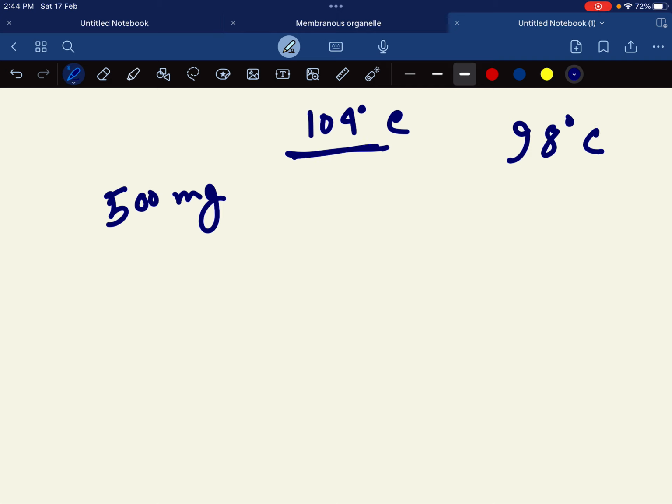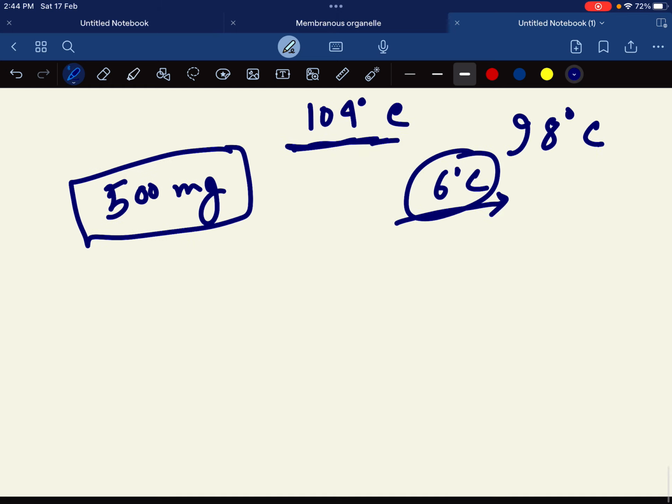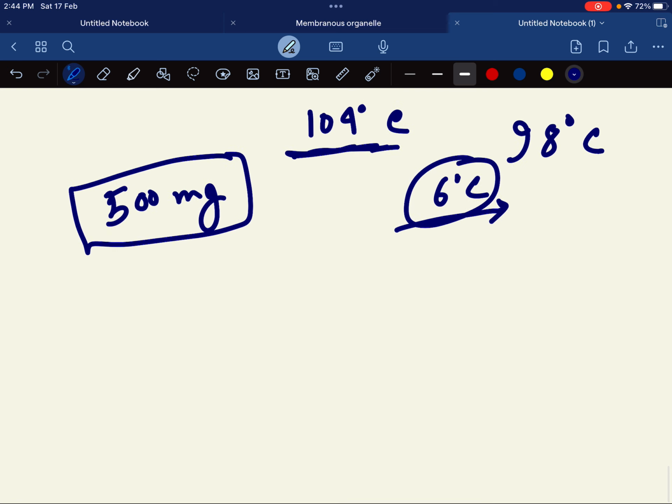So what is the difference I should expect from this graph? I would like to expect that 500 milligram of paracetamol will decrease my temperature by 6 degrees. But does it really happen, or does it happen all the time? No, not so.